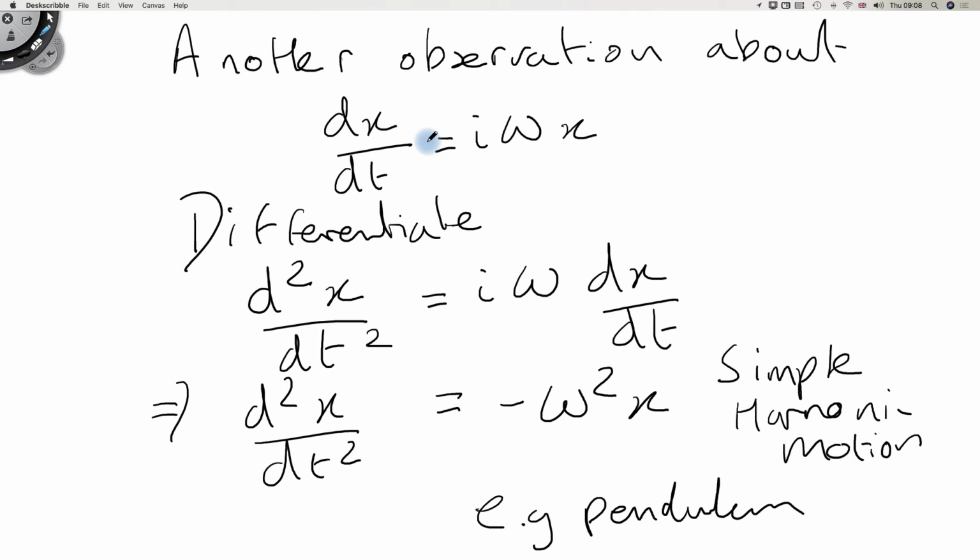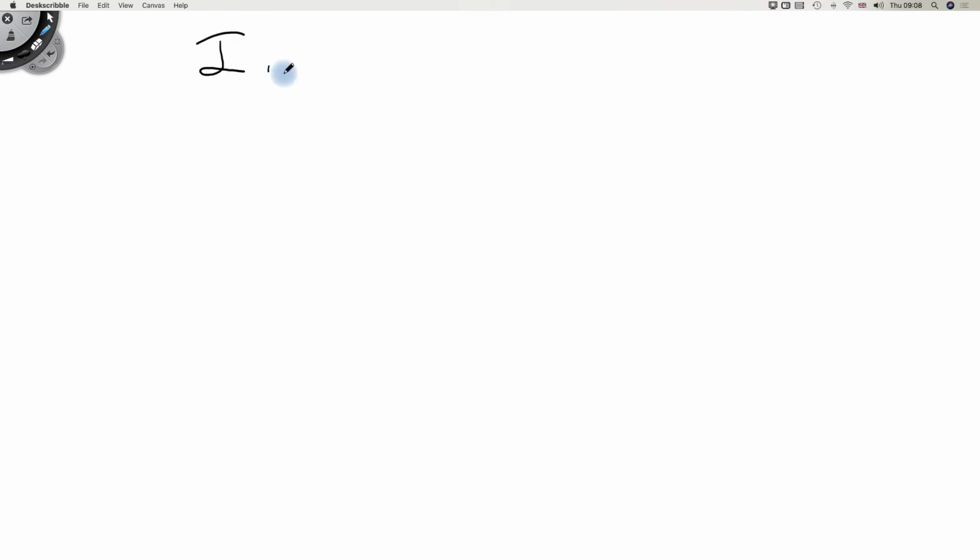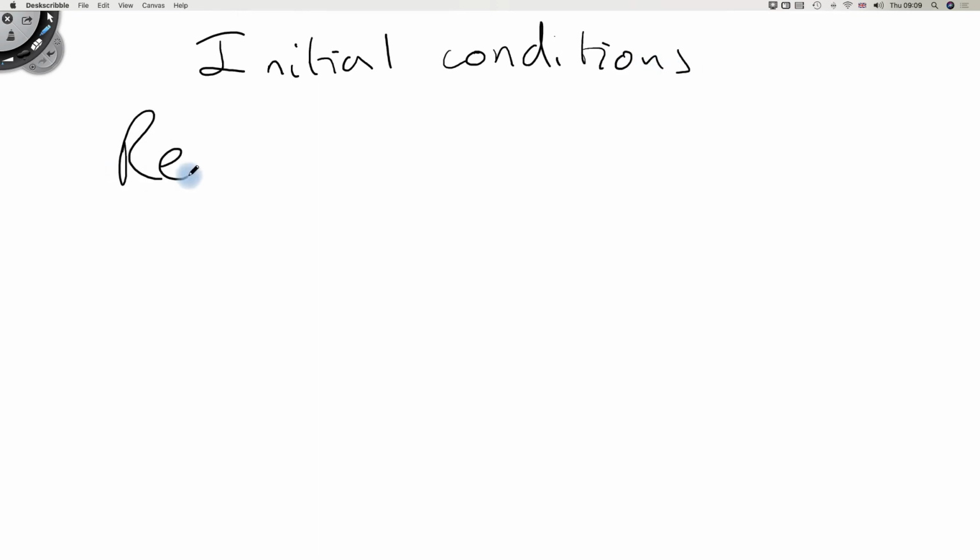Okay, so let me just talk a little bit about the initial conditions that we're setting up here now. So initial conditions. Remember, our solution is the real part of x star, and this is a slight mistake in the lecture notes.